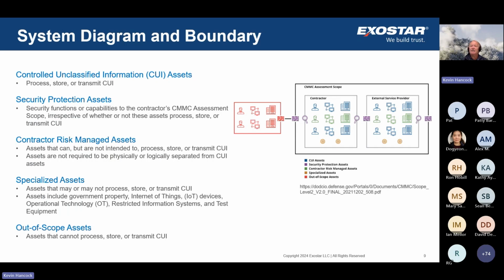So show me the different components. And this is the way you break down those different components, right? Do these systems, these things, store, process, or transmit CUI? If they do, then they're CUI assets. Is this something that doesn't store CUI, right?